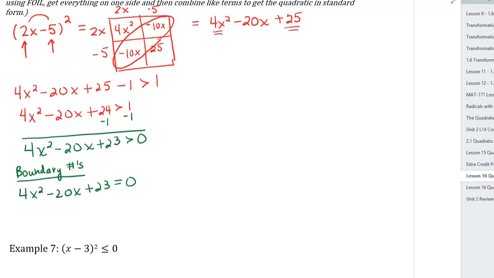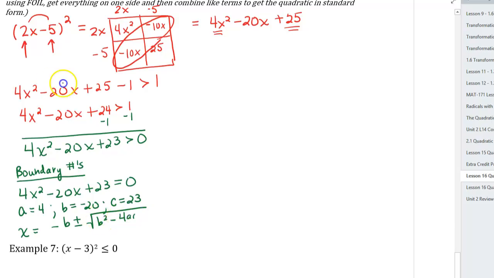So we're going to use the quadratic formula. So a is equal to 4, b is equal to negative 20, and c is equal to 23. Remember, the quadratic formula is negative b plus or minus the square root of b squared minus 4ac all over 2a.